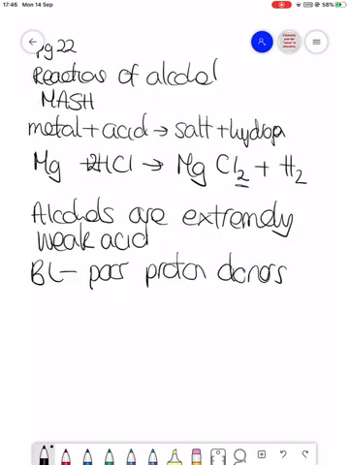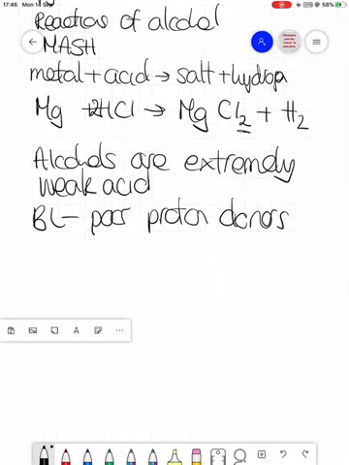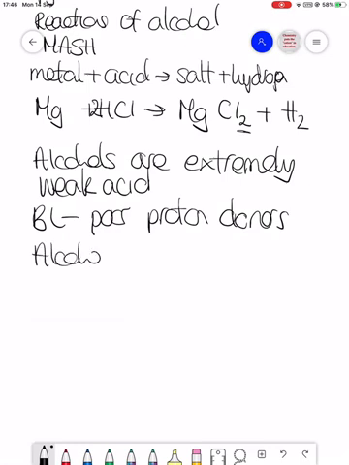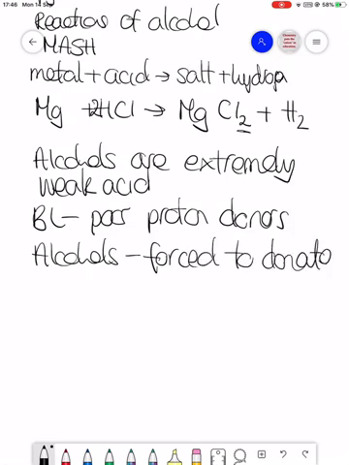So any alcohol is essentially forced to donate protons, and it does that by reacting with a very reactive metal, so we use something like a group 1 metal.